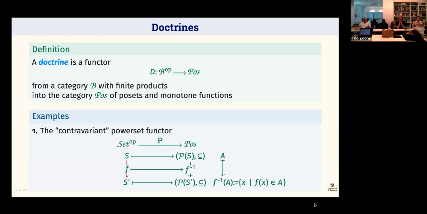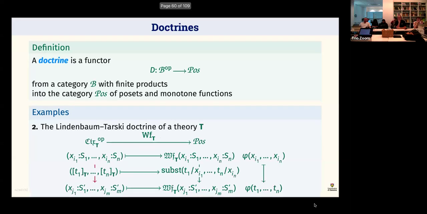It takes any subset A to the collection of elements x in S prime which are taken by f, yes, f was a function in that direction, into A. Okay, that's my definition of inverse image. It's a monotone function. That's all there is. And the category of sets we know has finite products. It was one of the examples.